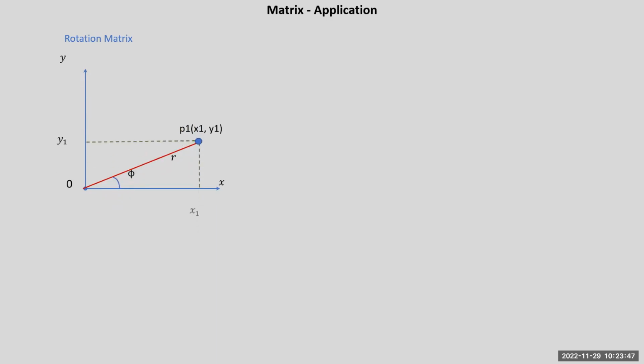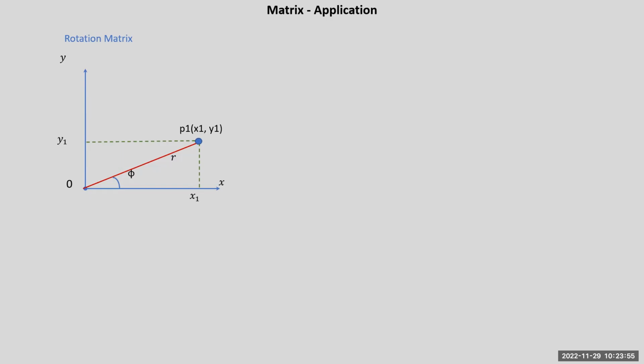Now we'll see a simple application of a matrix, which is called a rotation matrix, very commonly used in geometric transformation and subjects like computer vision. Here consider the Euclidean plane with the point P1 at coordinates x1 and y1 with a radius r and angle phi with respect to the x-axis.